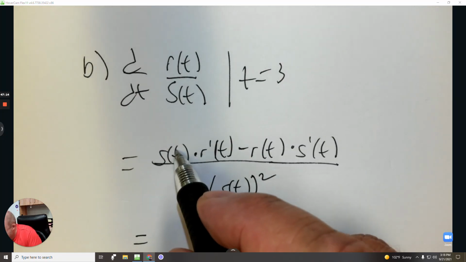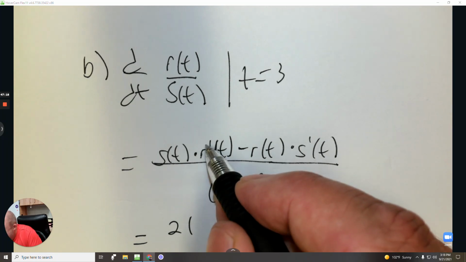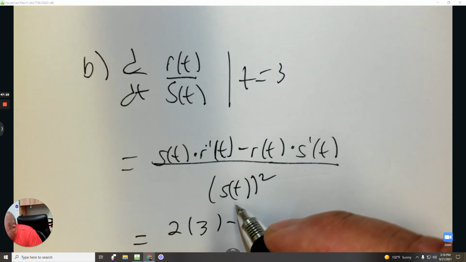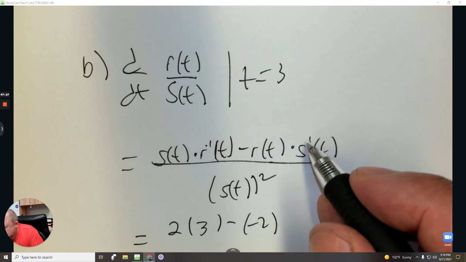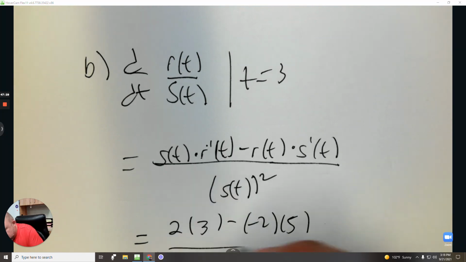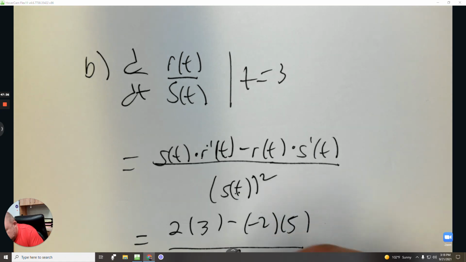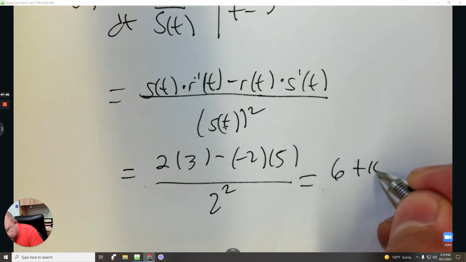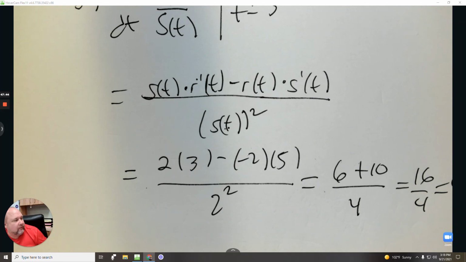So s at 3 is 2. R prime at 3 is 3. R at 3 is negative 2. S prime at 3 is 5. And then s at 3 is 2, and you square it. So that's 6 plus 10 divided by 4. So I get 4 for that answer.